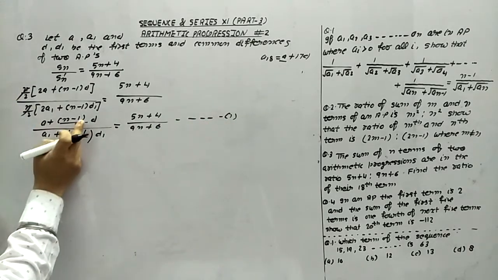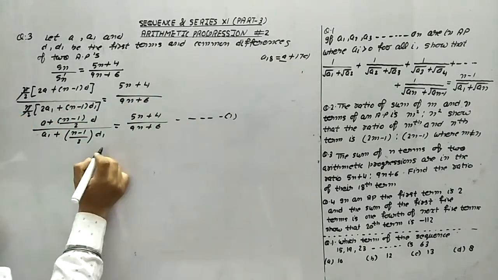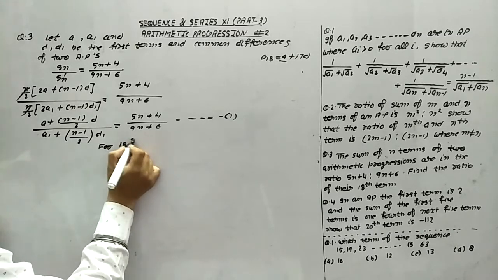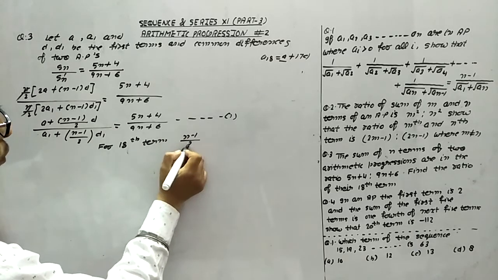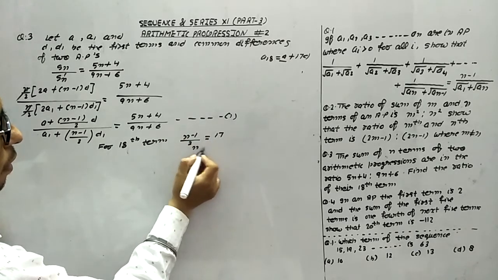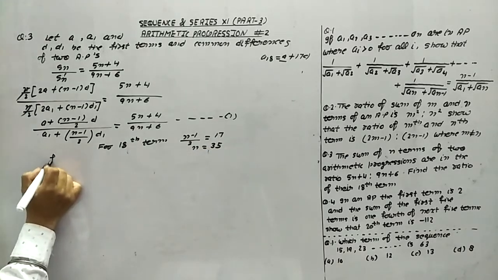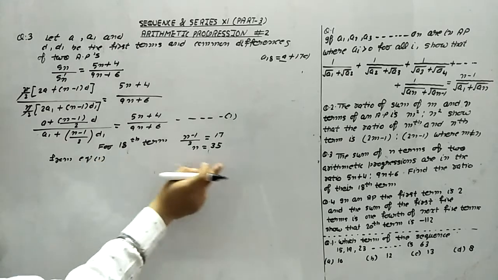Now for the 18th term this factor should be 17 only, because a plus 17d. So for the 18th term, n minus 1 upon 2 must be equal to 17. It means n should be equal to 35. Therefore from equation 1 we will put n equal to 35.